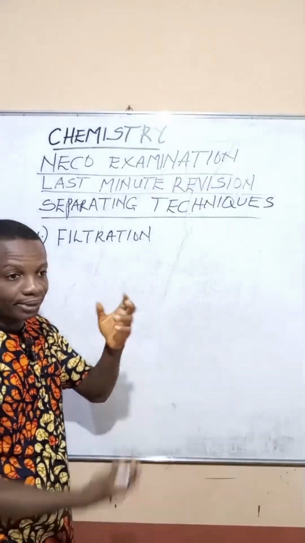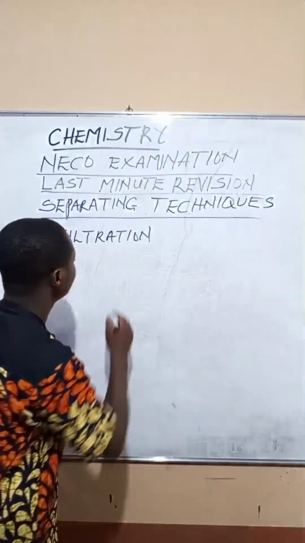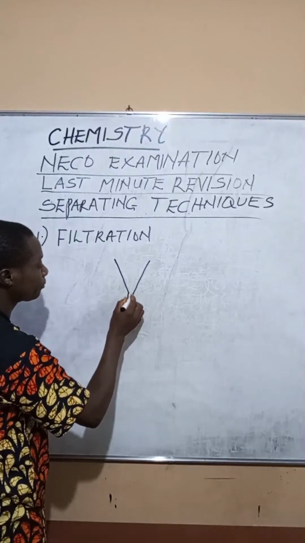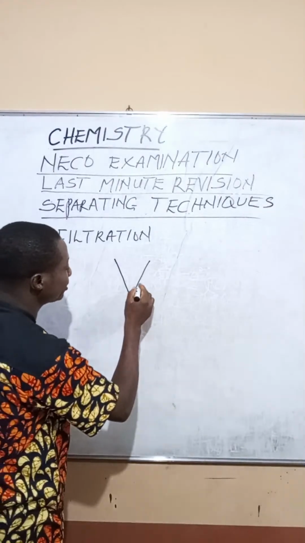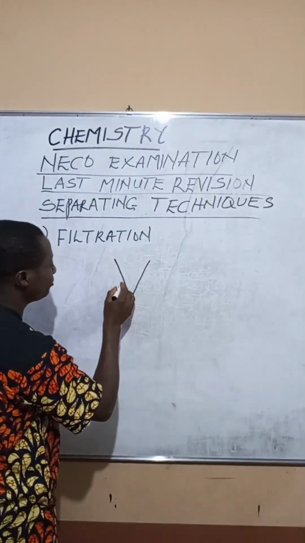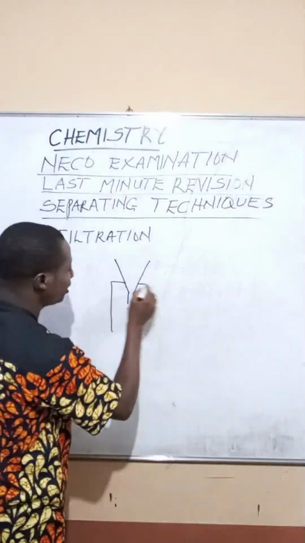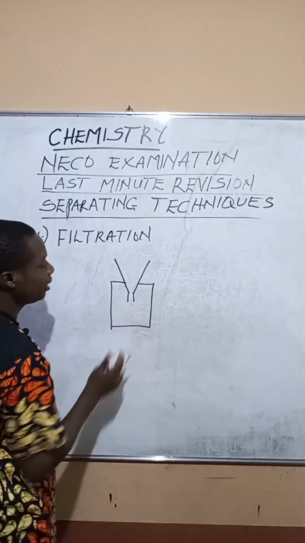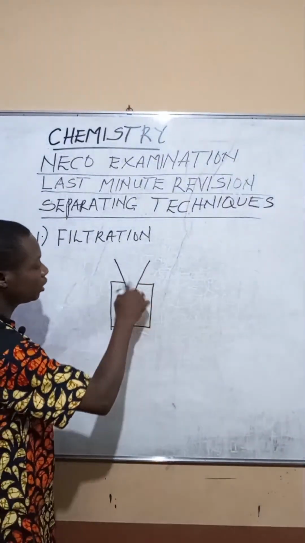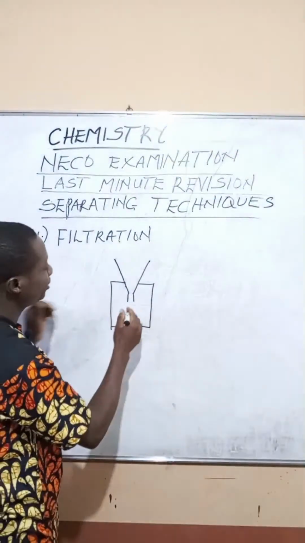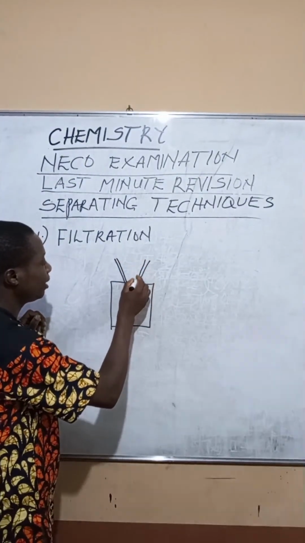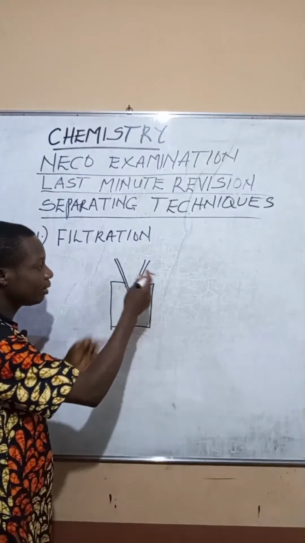You put the substance inside the funnel, and the separating mechanism will be here. That's the paper. The filter paper will be here.